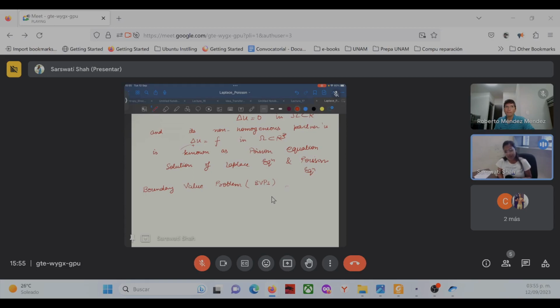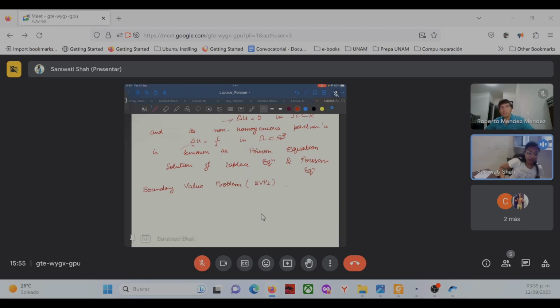Using the property of the harmonic function, as I told you, the solution of this Laplace equation is going to be a harmonic function. Here we have to use the Dirichlet boundary value problem. There is a property of the harmonic function that it cannot vanish on each side of the surface.